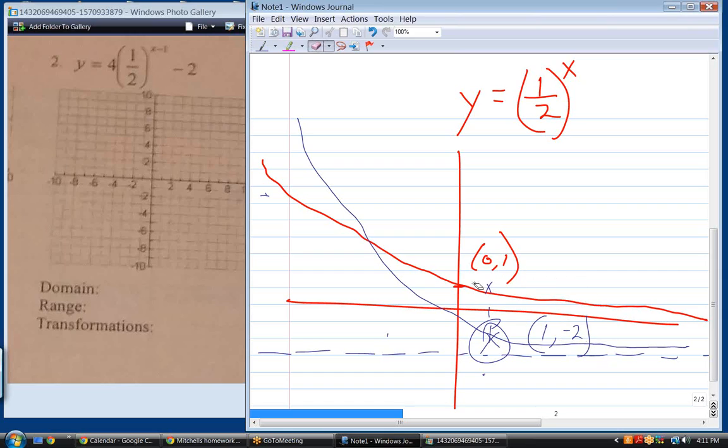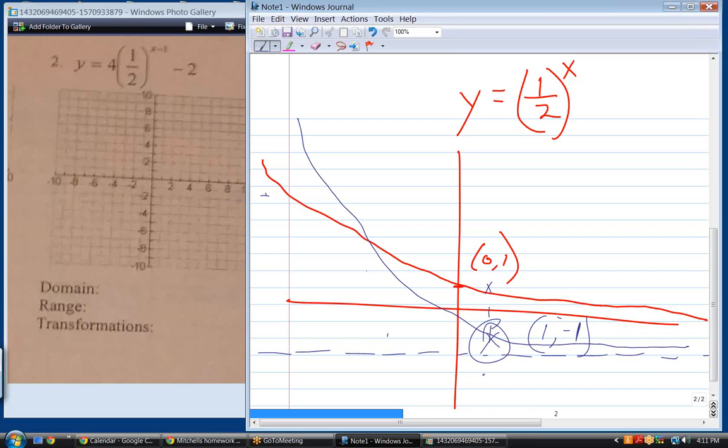Let's see, that's (0, 1). So if we shift it down by 2, it's going to be... I wrote that incorrectly. That point right there is (1, -1), because it shifted to the right by 1 and it shifted down by 2.